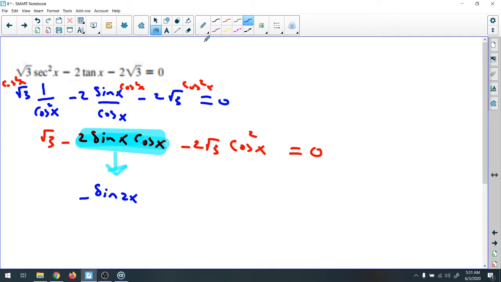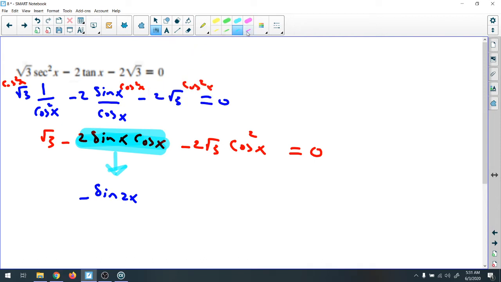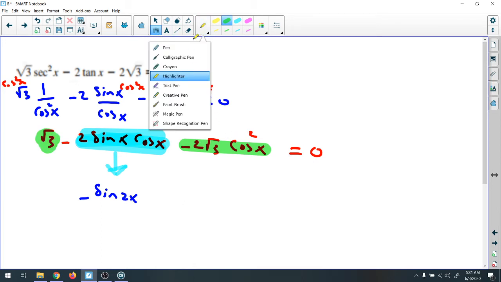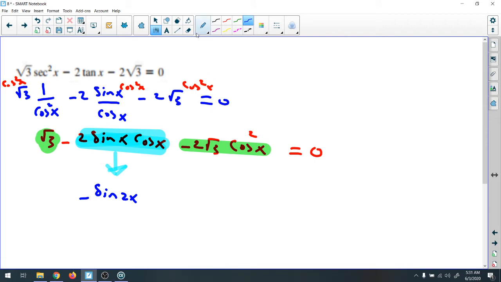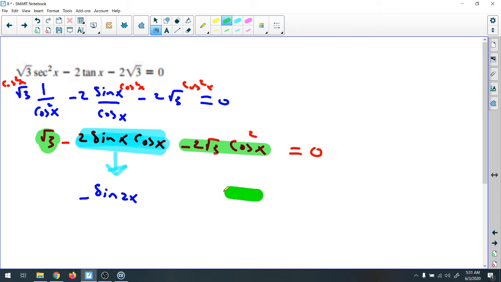Good. And let's gather this together, we'll do it with green. Yeah, we got square root of 3 is common here. We have to be organized.